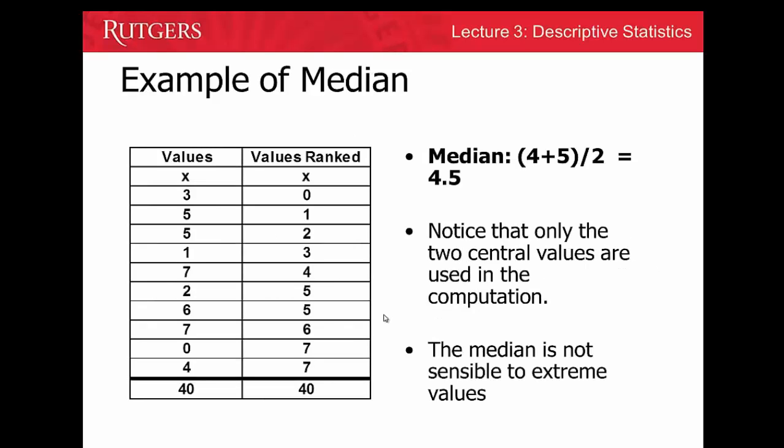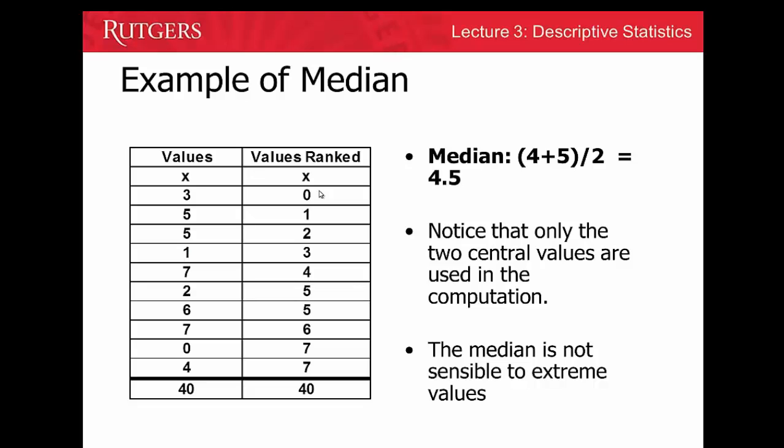Okay, then let's go to see the median. This is the same data, but if we want to calculate the median, we have to sort the data first. So here the second row of this table shows the sorted values of the data.